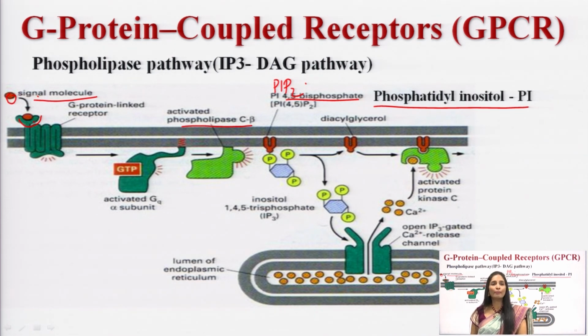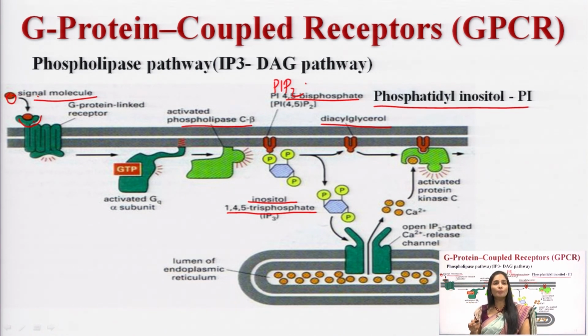What is the full name of IP3? Inositol 1,4,5 trisphosphate. The I represents inositol, and 1,4,5 is the trisphosphate. Now, what is DAG? What is the full name of DAG? DAG represents diacylglycerol.